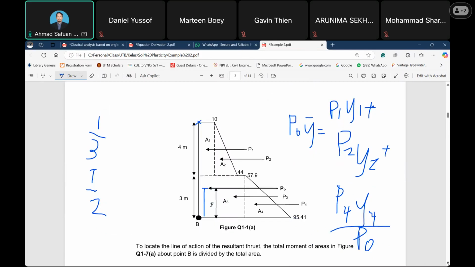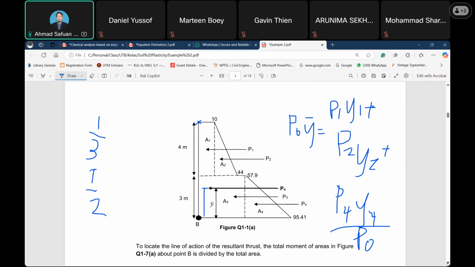Usually for a retaining wall, we use the toe or the tip of the retaining wall as the datum. However, for the slope, usually we use the top as the datum.